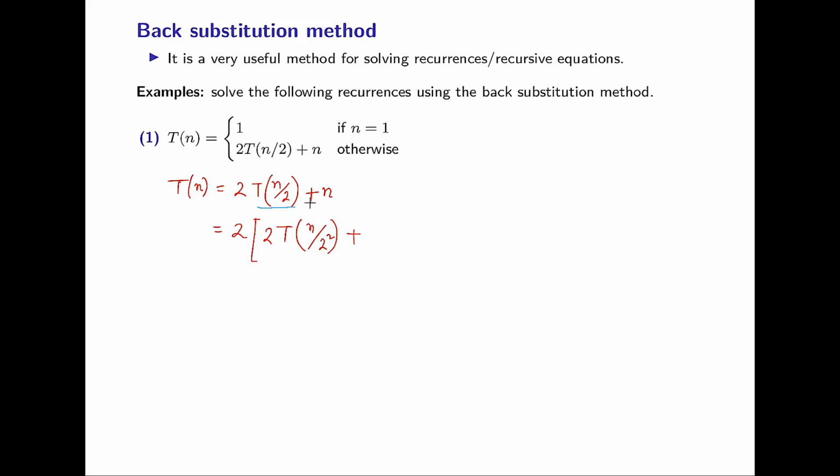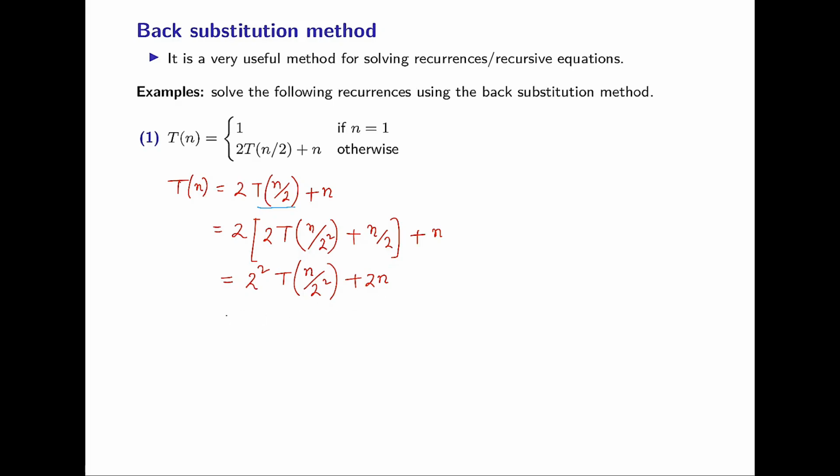But here our n is n/2, so it will be n/2 plus the n that was already there, which I have written as it is. If I evaluate it, what will I get? 2 squared T(n/2 squared) plus 2 times n/2, which is n, plus n, so twice n.